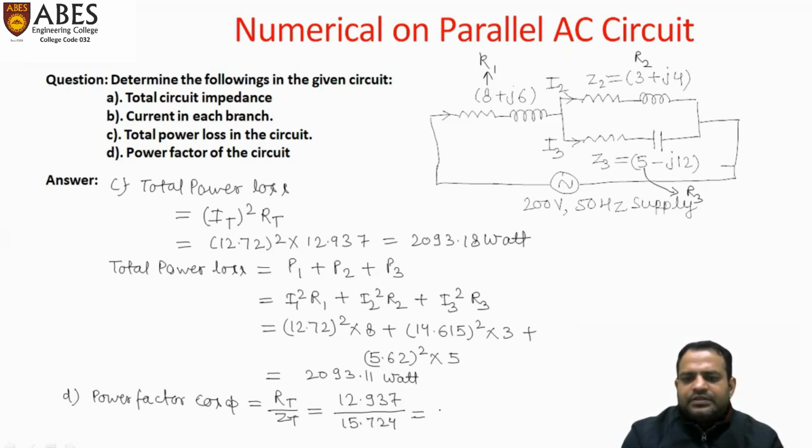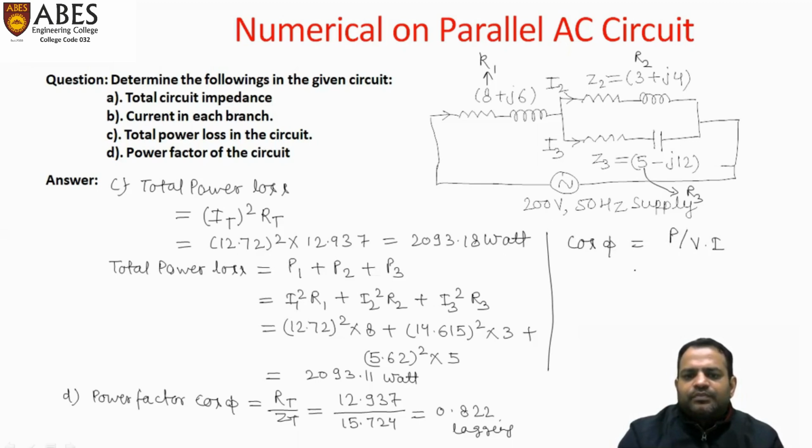After calculating this, it is 0.822 lagging. Another method to calculate the power factor is cos phi equals P upon VI.